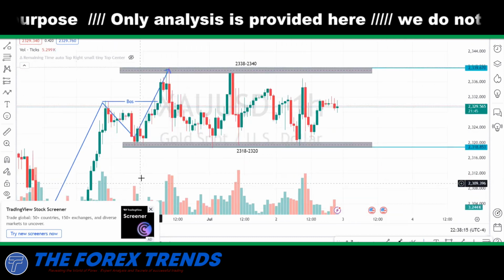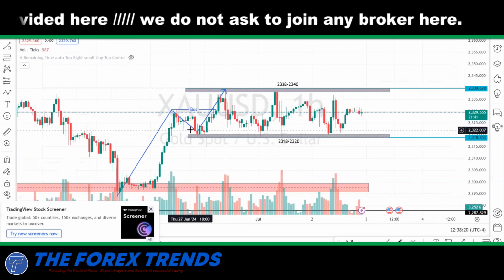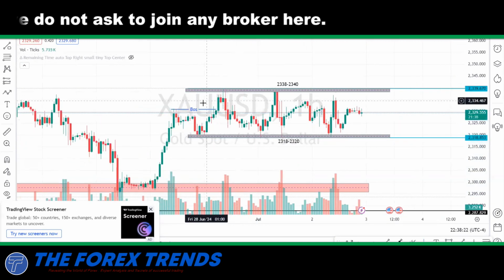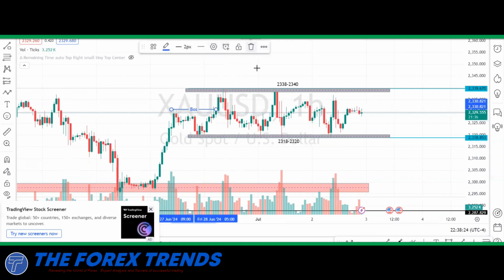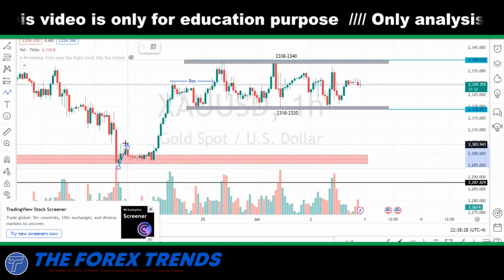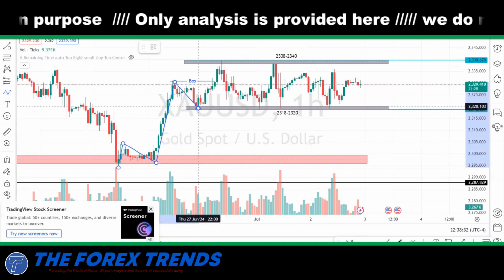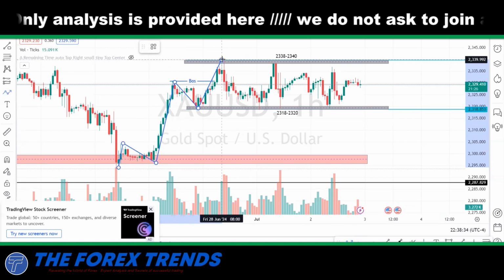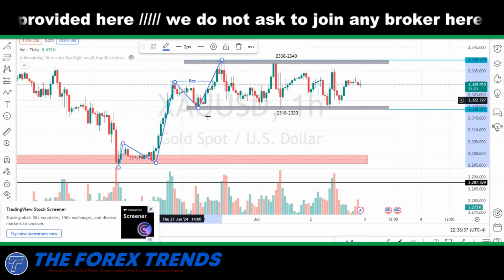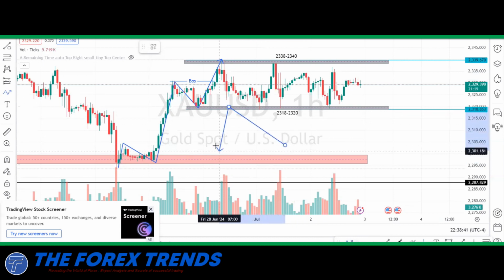Okay. In the 1 hour frame, the market is still bullish. If I mark the structure in the 1 hour frame, look: higher high, higher low, higher high, higher low, then higher high, and this is our point of interest.